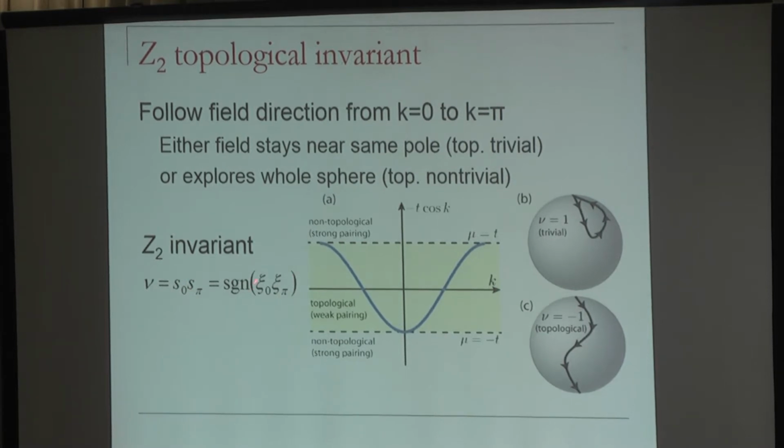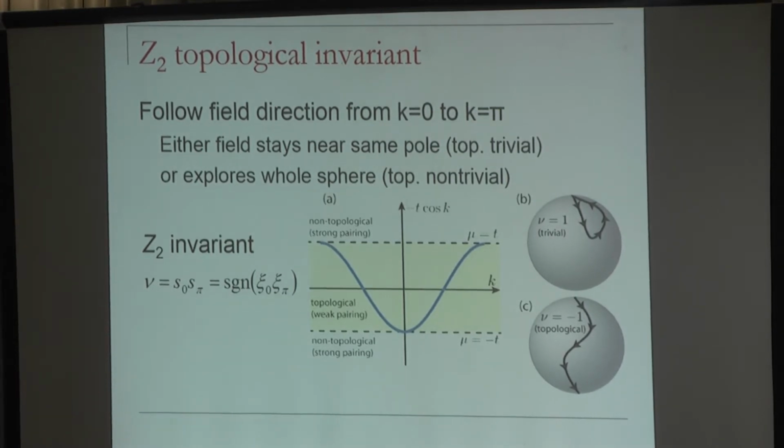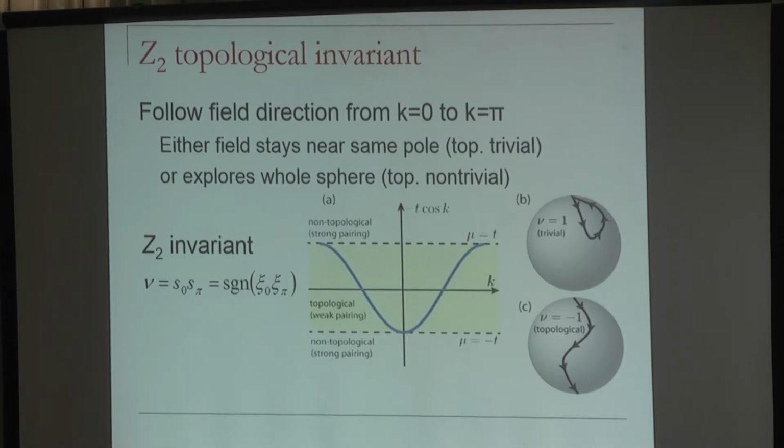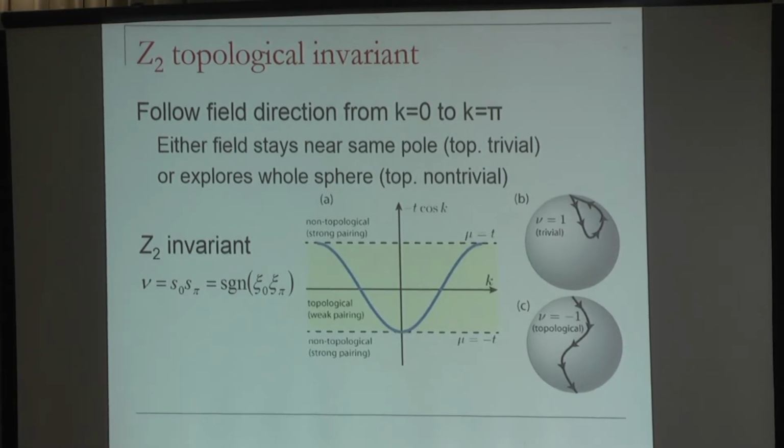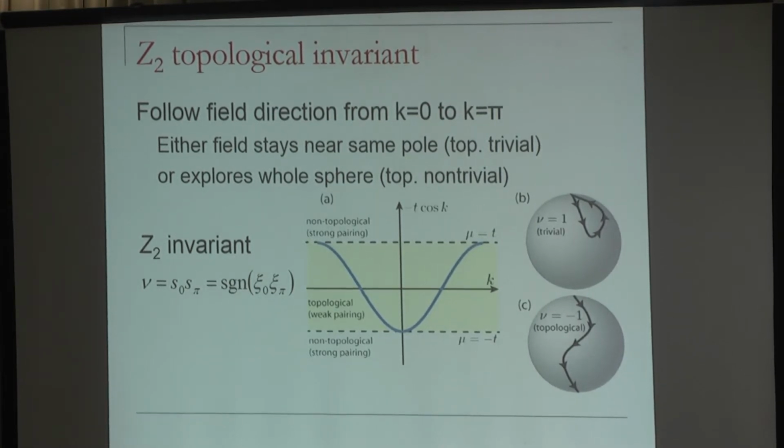And you can now see that indeed in this region, mu between -t and +t, the yellow region here, is topological. And you have this non-trivial winding property in the bulk. The bulk ground state is still non-degenerate. It's a unique ground state. But once you cut it, you will have these boundary states.